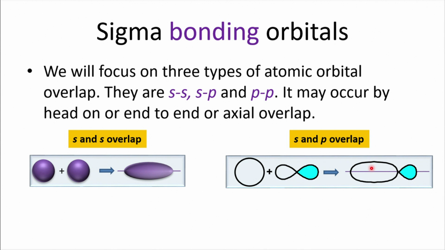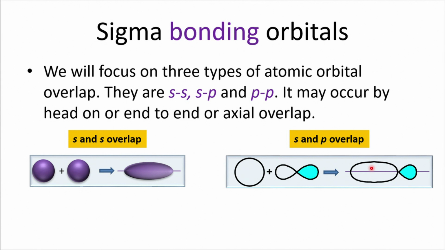So, when we say bonding overlap, we need to consider the appropriate axis for the S orbital and P orbital. Since P orbitals are degenerate, we can choose any one as our bonding or reference or principal axis, and mostly people prefer to take the Z axis as the bonding axis when we talk about S and P overlap.